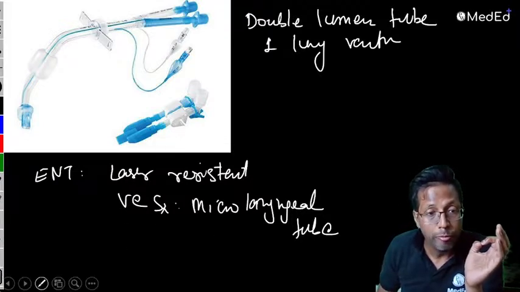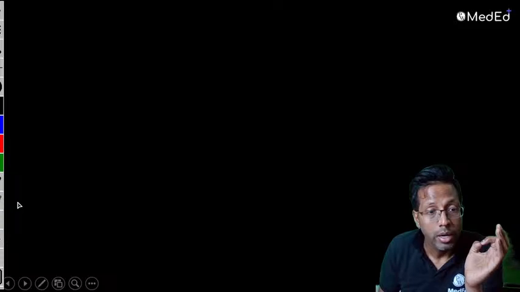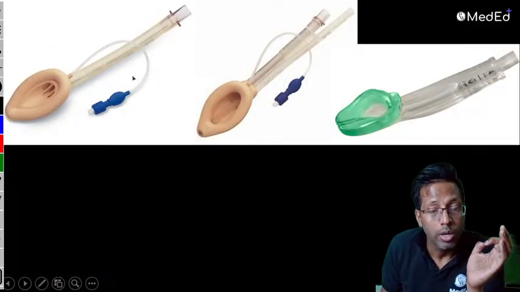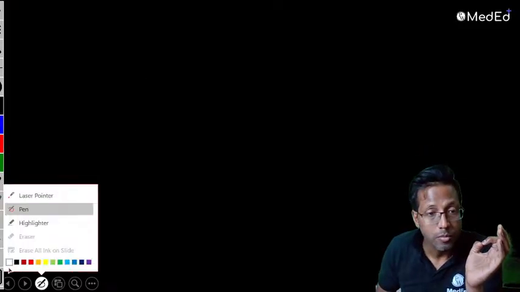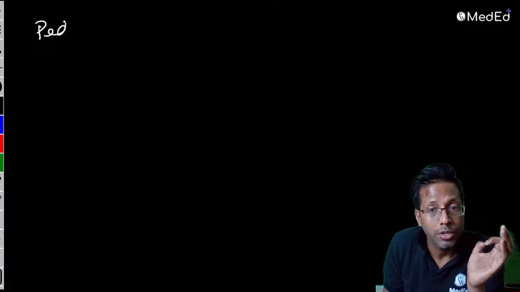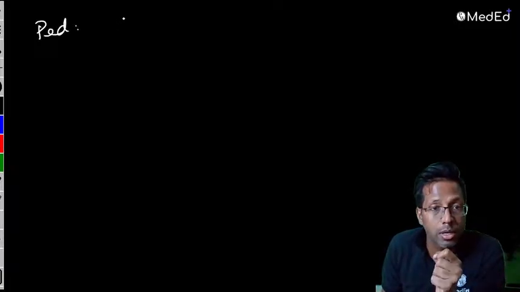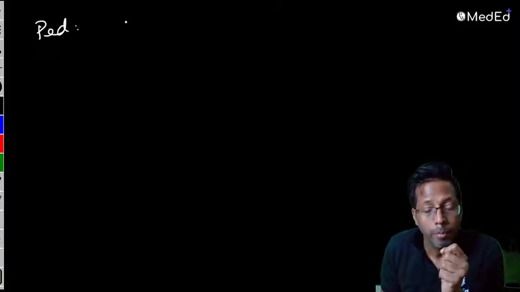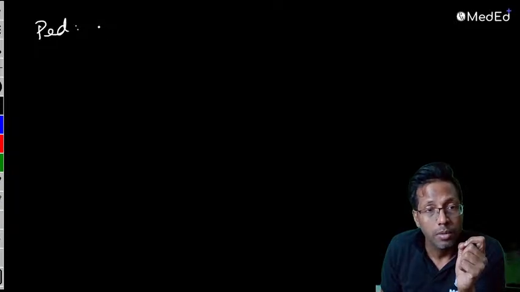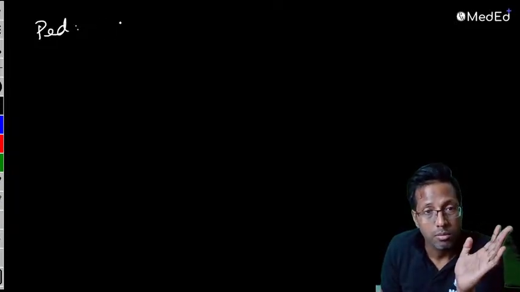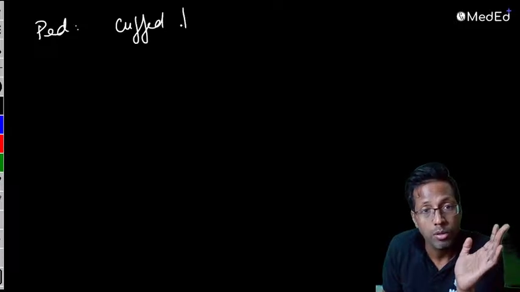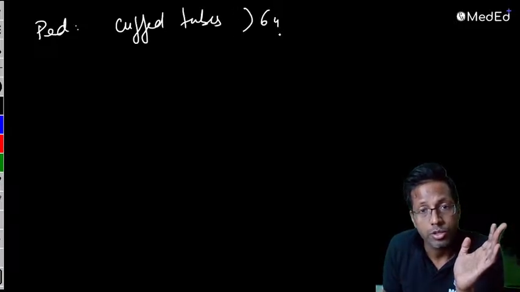Then, when we speak of pediatric patients, routinely what happens? In a pediatric patient, if the patient is more than 6 years, we use cuffed tubes.